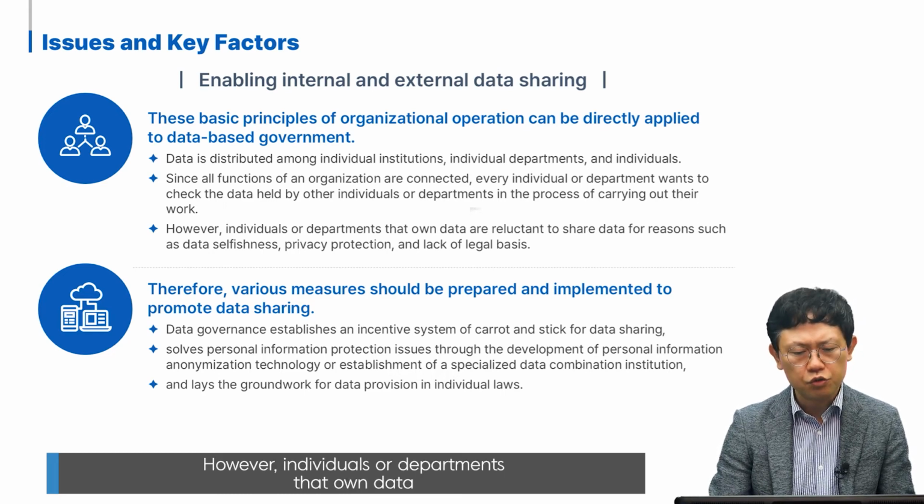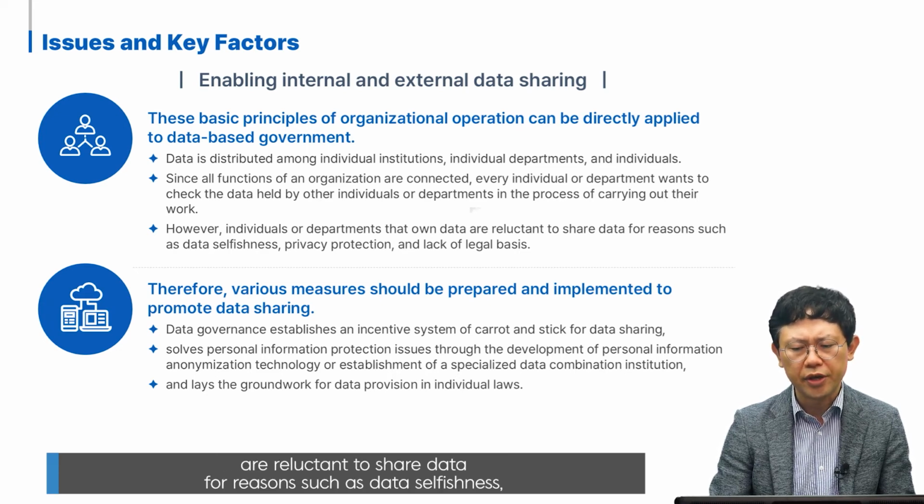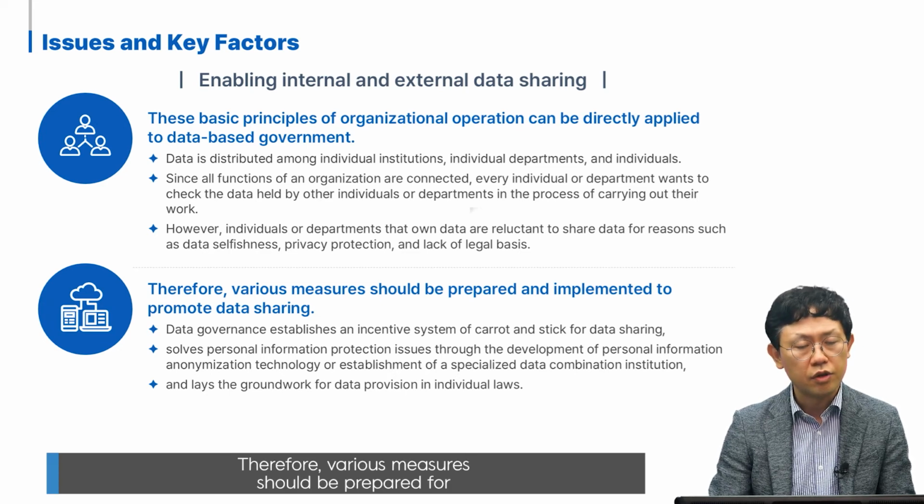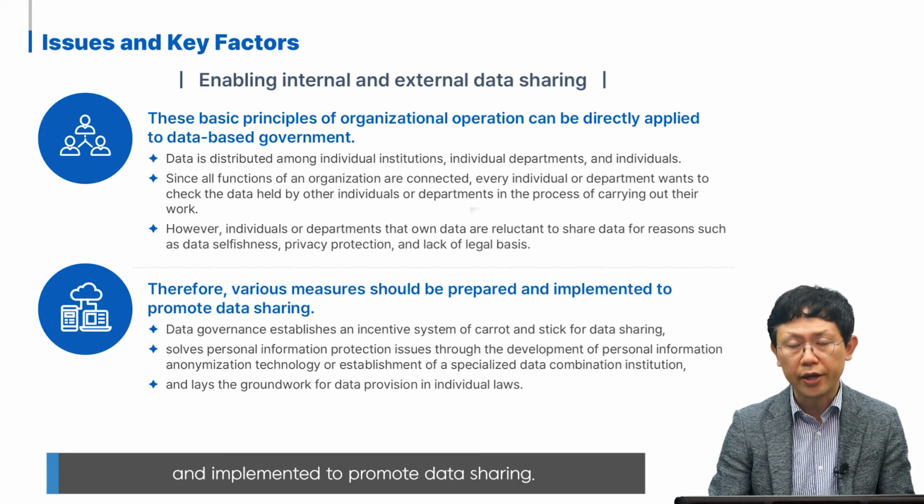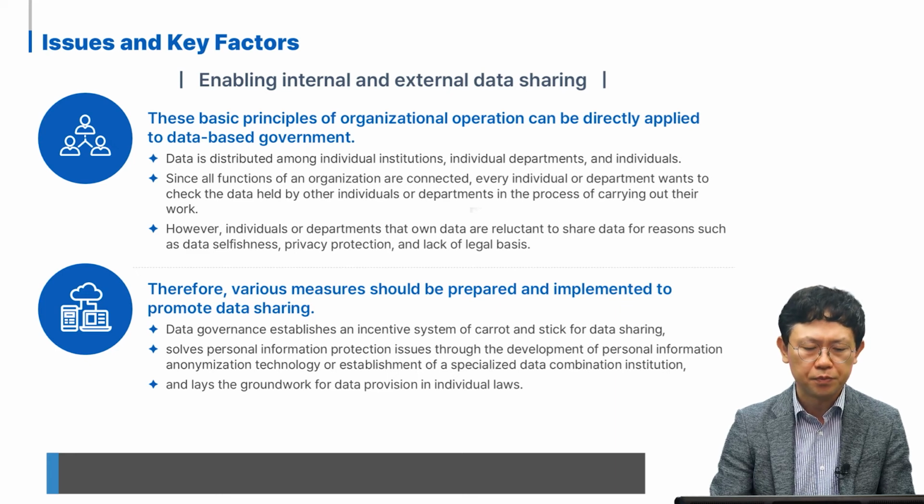However, individuals or departments that own data are reluctant to share data for reasons such as data selfishness, privacy protection, and lack of legal basis. Therefore, various measures should be prepared for and implemented to promote data sharing.